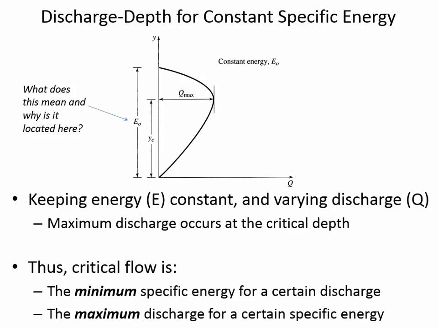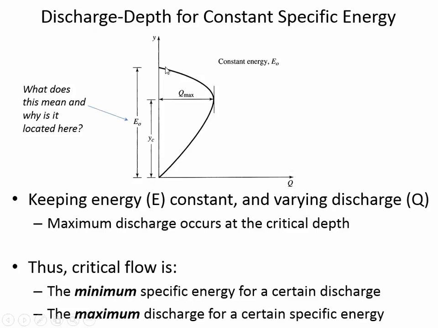And so think about when you're on this point of the curve. This is saying you've got a low flow depth. If everywhere on this curve has the same amount of specific energy, we know that if it's a low flow depth, there must be a lot of kinetic energy to make up the balance.